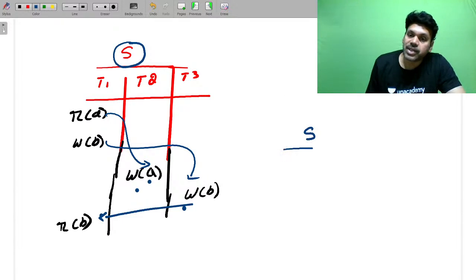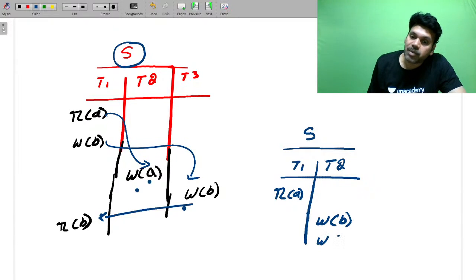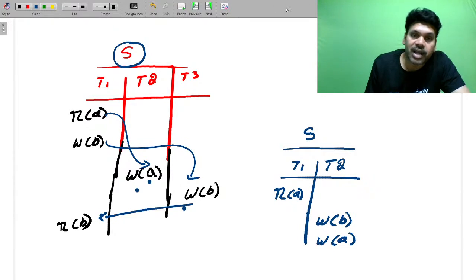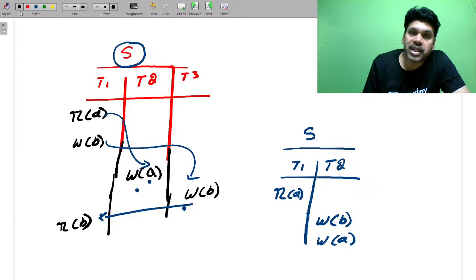Sometimes he may also ask you like this: there is a schedule S which consists of T1 and T2, and he is asking R of A and W of B and W of A. Then if I ask what kind of a conflict it is, I am able to say what kind of conflict it is.